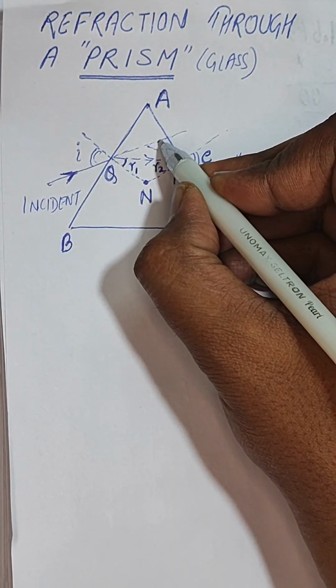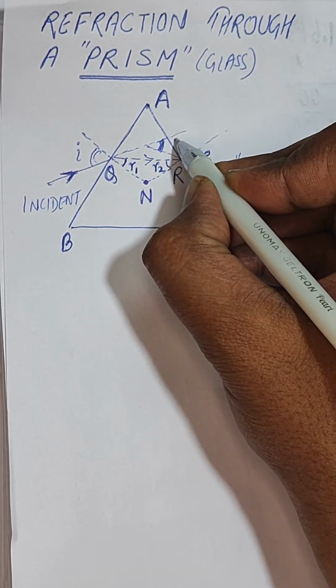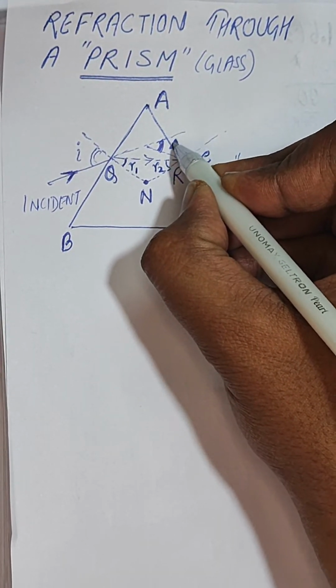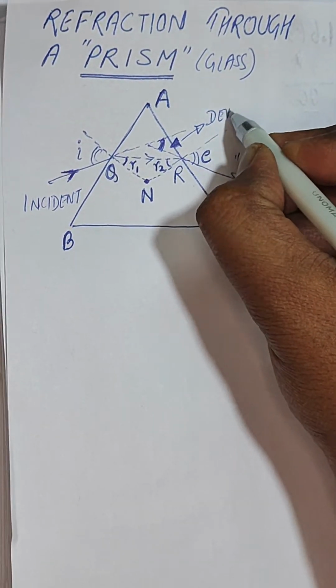This will be your angle of deviation, delta.